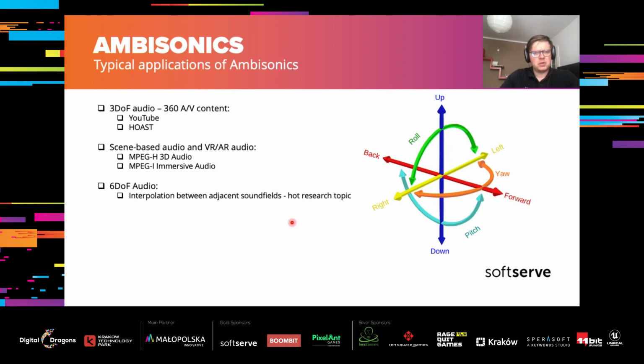And ambisonics is used here in such applications where there are multiple adjacent sound fields captured or generated, and using special renderers, interpolation techniques, the renderer tries to interpolate the sound fields and allow the user to move in between the objects of the captured sound scene.